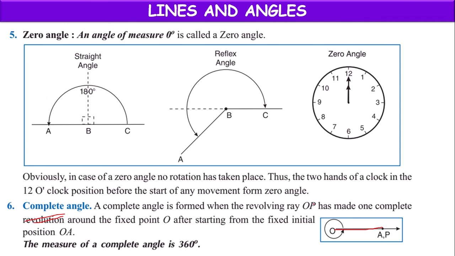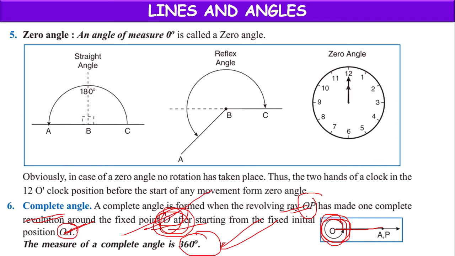Initial position is OP, final position is OA, but both are coinciding with one another. Means the ray is rotating around the point O, then this complete angle around O is called 360 degrees and it is called complete angle. So the measurement of complete angle is 360 degrees.